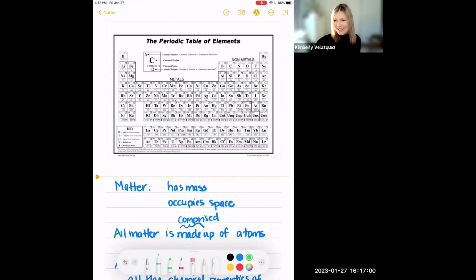Anything you absolutely need to know from here, I'm going to draw it bigger for you, so don't worry about that. Hydrogen is the first element on the periodic table, and it has a little 1 right here. Helium is number 2. Lithium is number 3. Beryllium number 4, and it just keeps going in order. That number is called the atomic number of the element. And that atomic number actually represents the number of protons that each atom has in its nucleus.